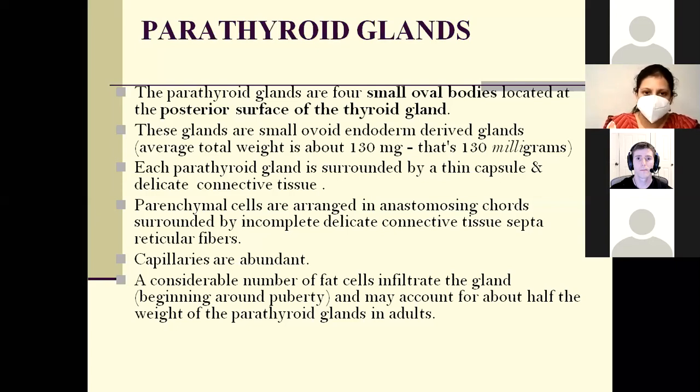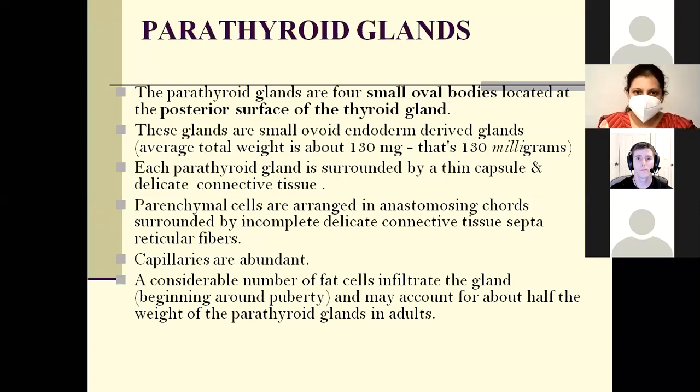The colloid material present in the center of the follicle contains all the precursors required for the formation and then the secretion of the thyroid hormone. Apart from that, you can find connective tissue, capillaries, arterioles, and venules in the parenchyma.